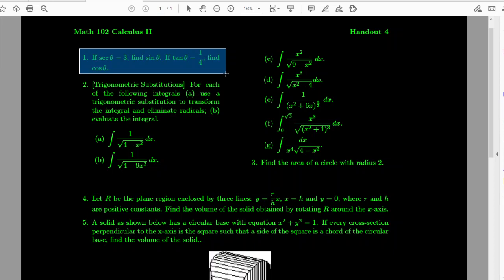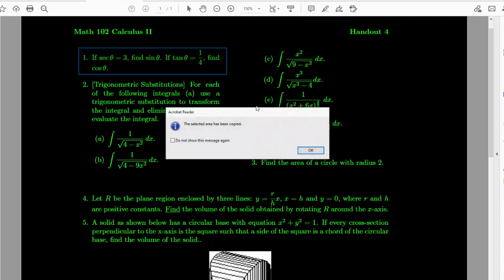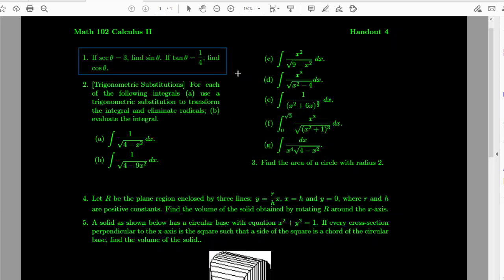Actually, question 1 is kind of useful when we go back to x. In some cases, the new integral is a new integral of theta. After evaluating the integral of theta, you need to go back to the original variable x. If you know how to do question 1, it will help you to go back to the original variable in many cases. I will show you how to do question 1.